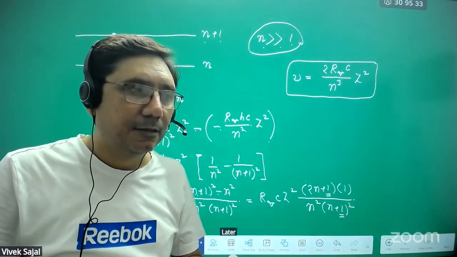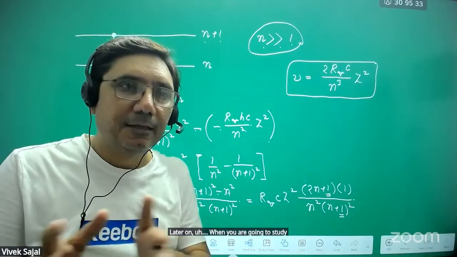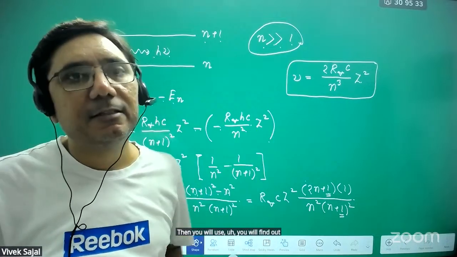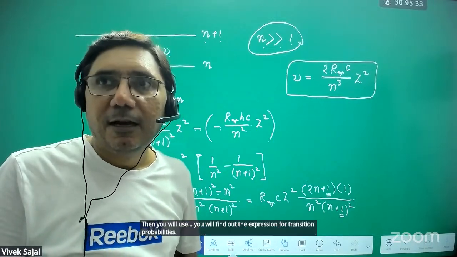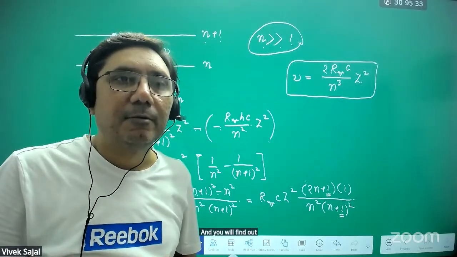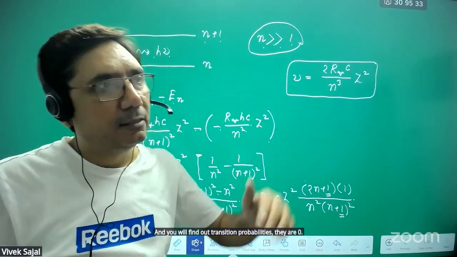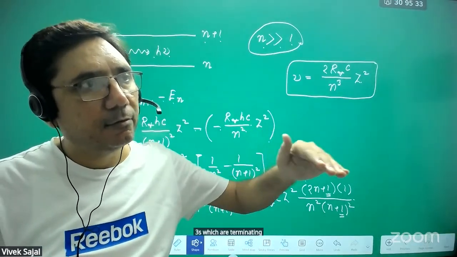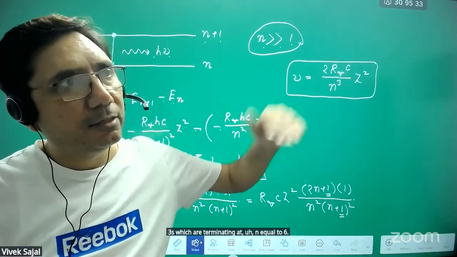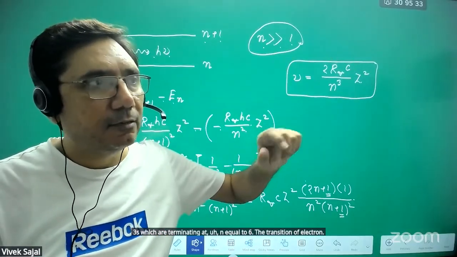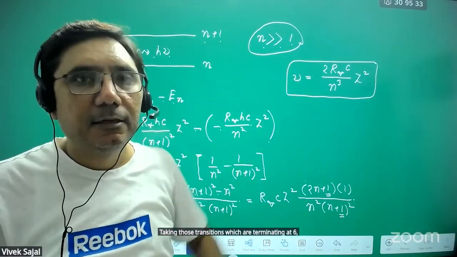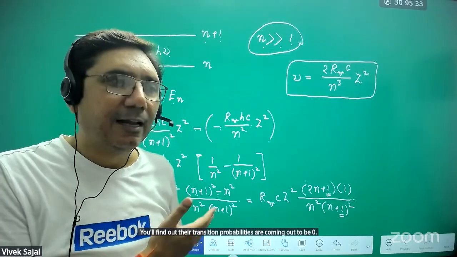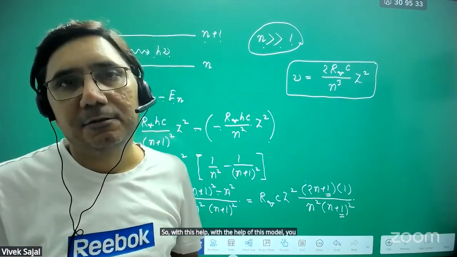Later, when you study the hydrogen atom problem in quantum mechanics, you will find the expression for transition probabilities, and you will find that the transition probabilities for transitions terminating at 6, 7, 8, 9 come out to be zero. So with the help of this model, you cannot answer that question.